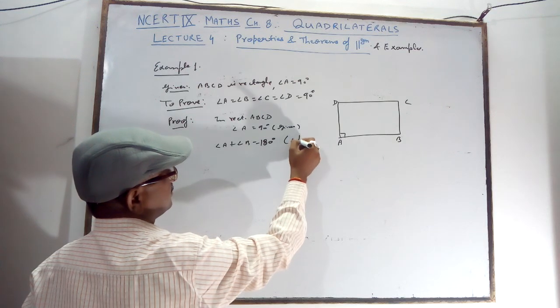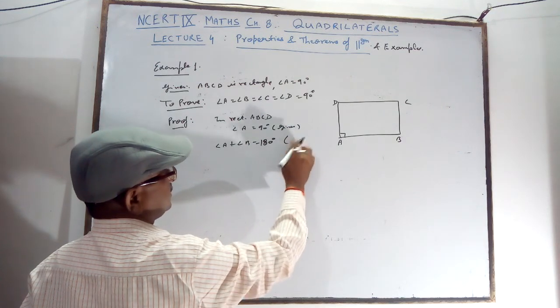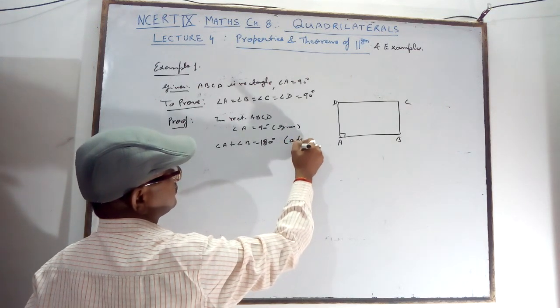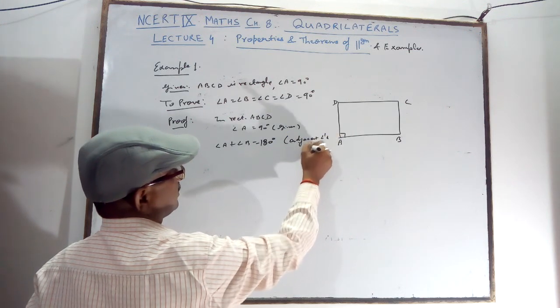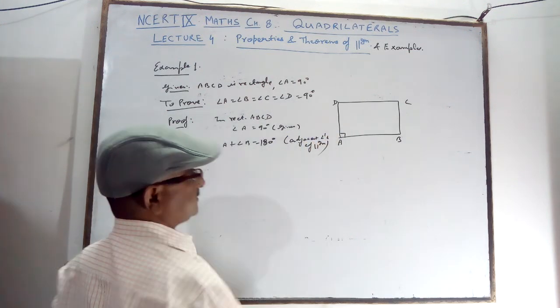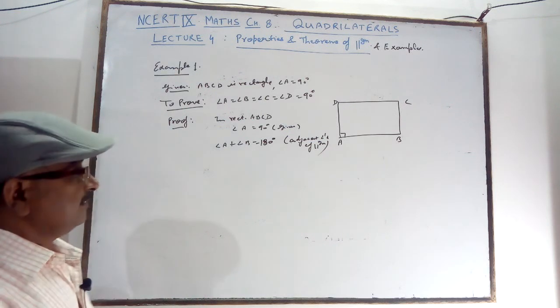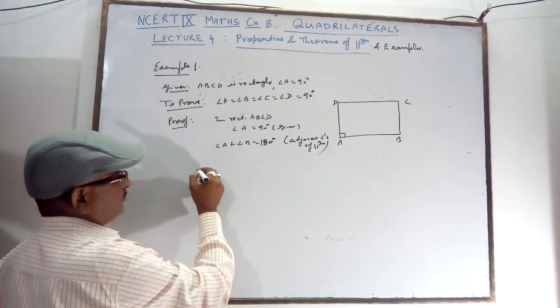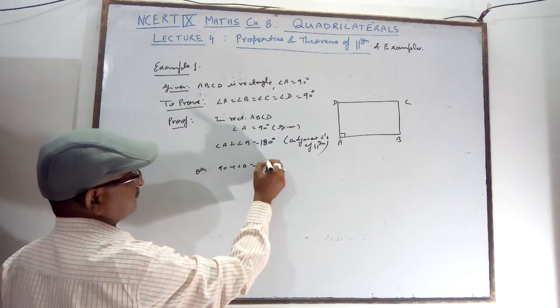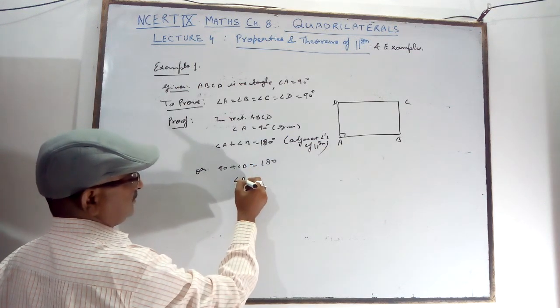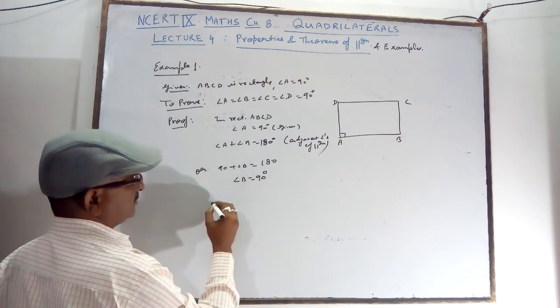Adjacent angles of a parallelogram, or you can say co-interior angles. You can write 90 plus angle B, so angle B will also be 90.